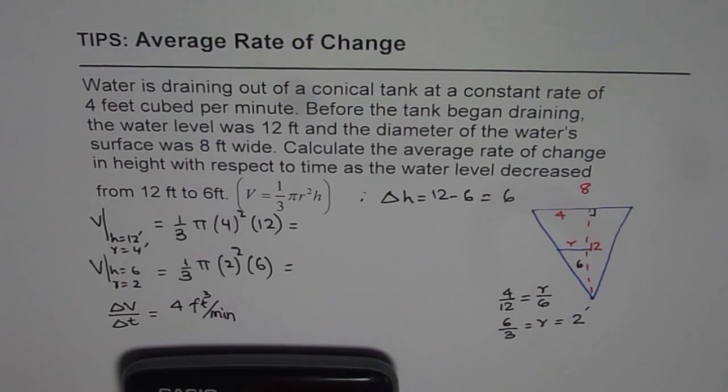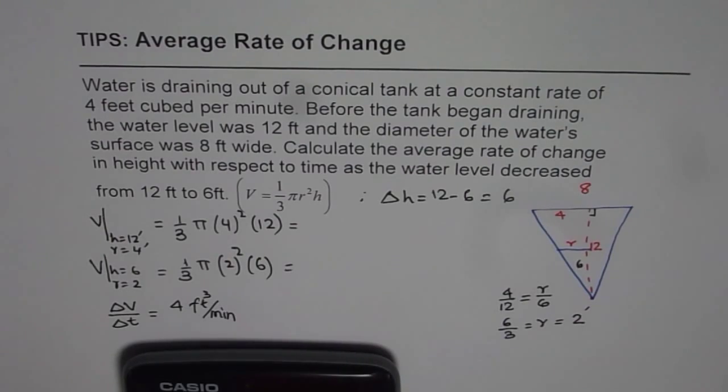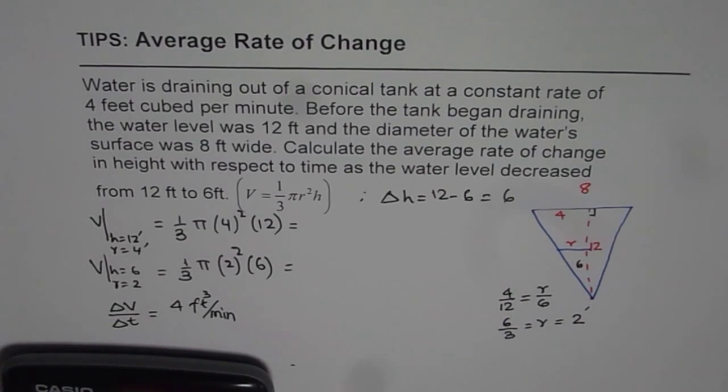So it is pi times 4 squared, let me write times 16 times 12, and we'll divide this by 3. 201.06.